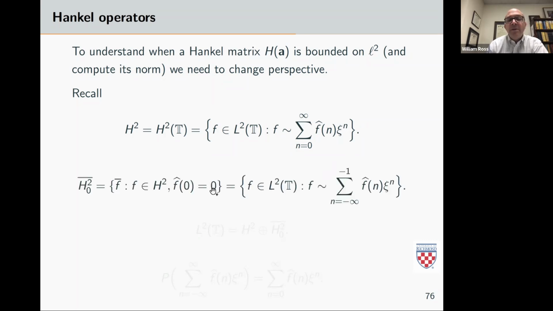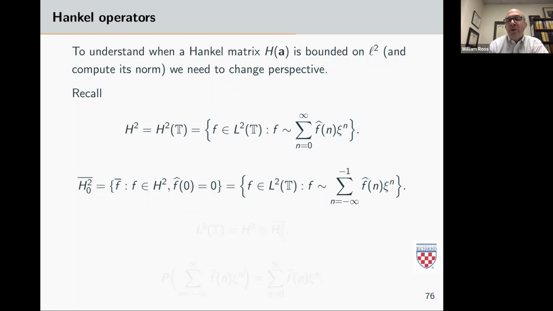An important space here is H2 0 bar. These are going to be the complex conjugates of H2 functions whose 0th Fourier coefficient is 0. So this is exactly the L2 functions with only negatively indexed Fourier coefficients.